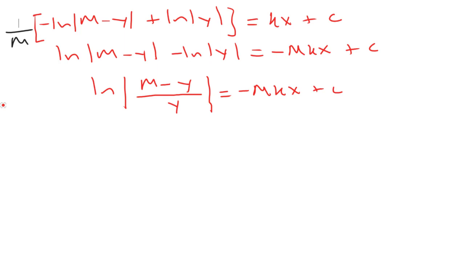Now, the next step is that you take e on both sides, or you raise both to the e, and you end up with the following. m minus y divided by y equals e to the c multiplied by e to the negative mkx. Nonetheless, this e to the c is a constant.